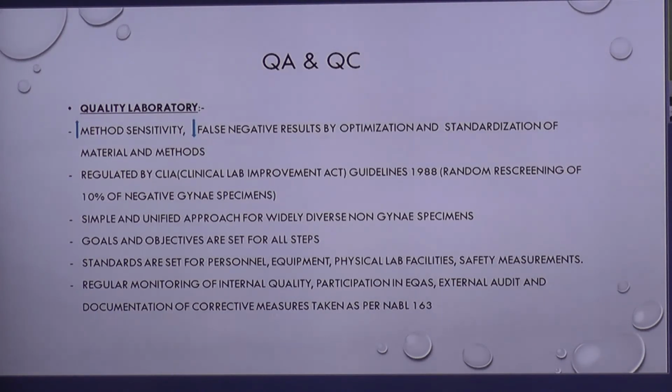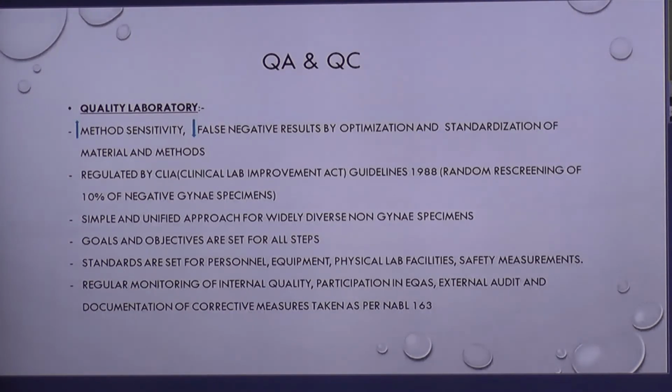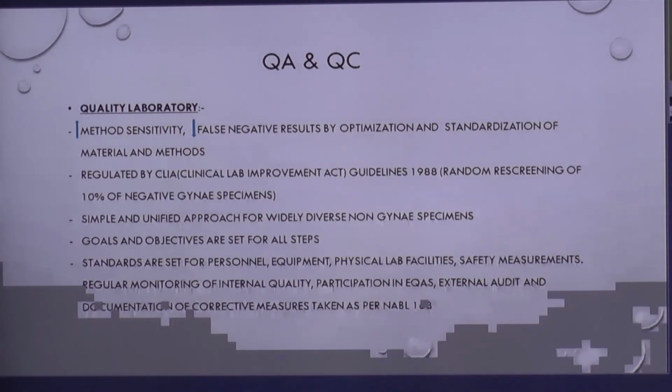There are some regulations also like the Clinical Laboratory Improvement Act, CLIA guidelines, 1988. As per their guidelines, the recommended thing is random rescreening of 10% of the negative gynae specimens. There is a simple and unified approach for the widely diverse non-gynecological specimens.